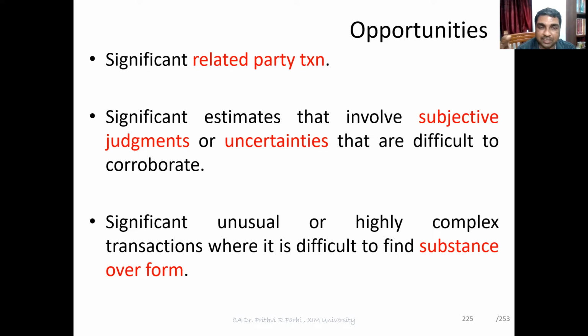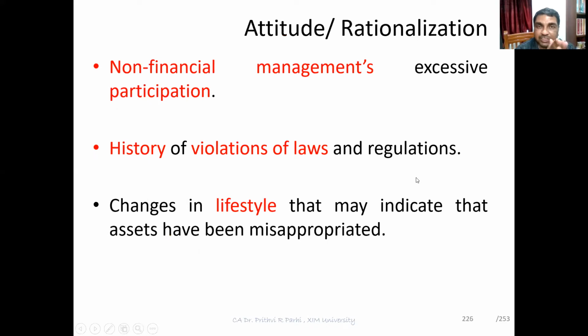In those kinds of transactions, since the transaction is quite complex, there is opportunity that management may interpret the transaction in such a way that it will be helpful to the management. Accordingly, the financial statement may be purposefully misstated. With this kind of opportunities, the chances of committing fraud are high.